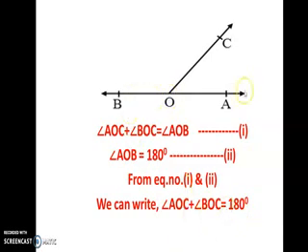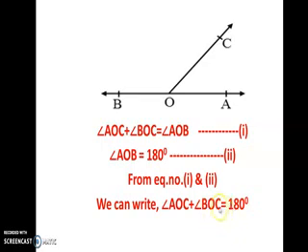So here AB is a straight line and OC is a ray standing on that straight line, isn't it? So the adjacent angles formed are angle AOC and angle BOC, and we proved that angle AOC plus angle BOC is equal to 180 degrees. Yes children, this is an axiom.